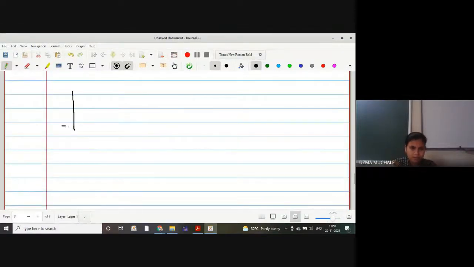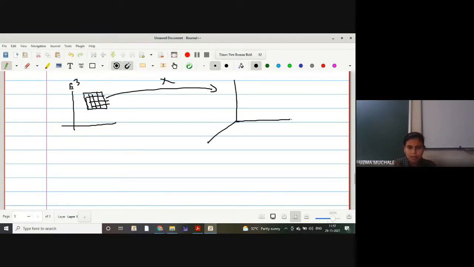Let us go one more time. Here we have any subset D of an E2 space. X is a mapping from D to E3. Suppose we got any 3D object here.